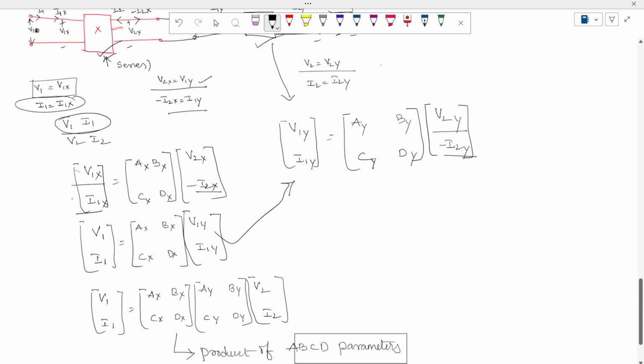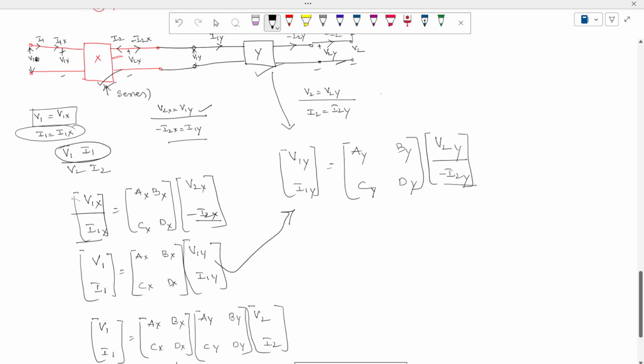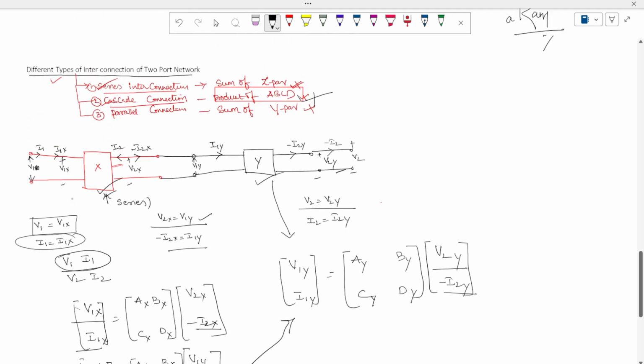That's why the cascade connection is performed with the help of ABCD parameters, and we perform the product of ABCD parameters. This is how we get the derivation for the cascade connection of a two-port network. Okay. So we will continue the next video with parallel connection.